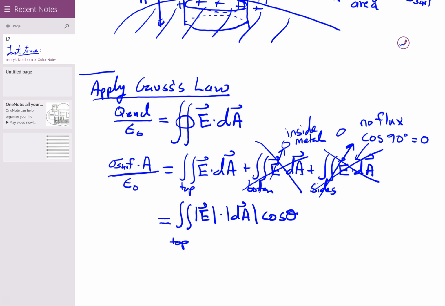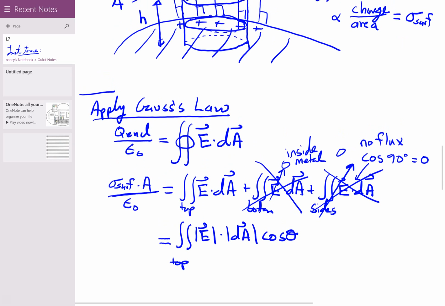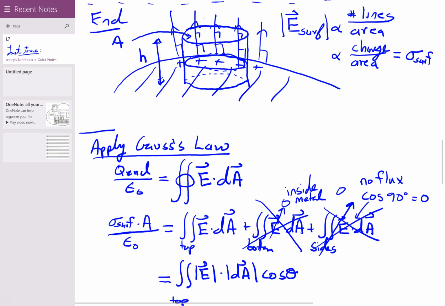And now I can go and think about what these quantities are. If I look at my diagram, dA, the magnitude of the dA vector, is just the magnitude of the area element.